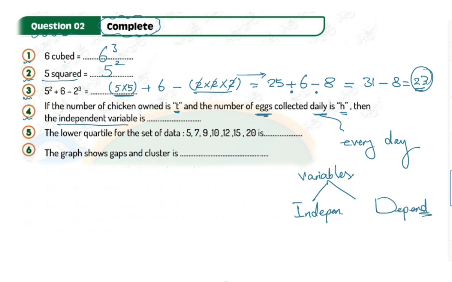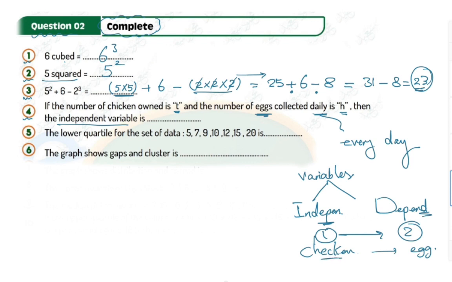Which comes first, the independent or the dependent? Of course, the independent comes first. So which one comes first, the chicken or the egg? Of course, the chicken comes first, then they give me eggs.